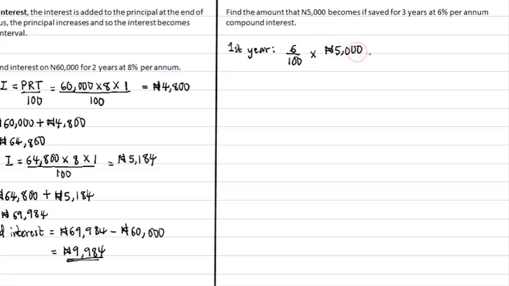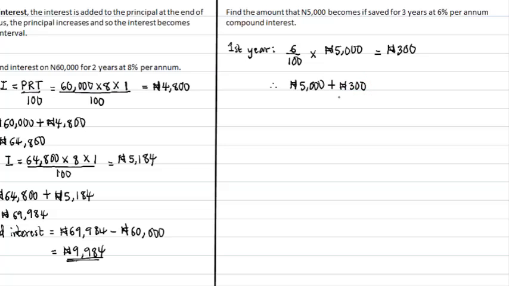Doing this, you get 300. Therefore we're going to add this 5,000 plus the 300.